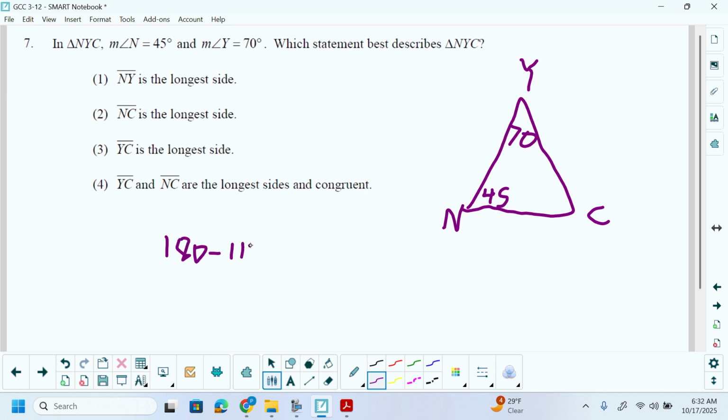If we do 180 minus 115, that's going to give us 65. So our largest side will be across from the largest angle. So therefore, NC has to be the largest side. If they'd asked for it, the medium would have been NY, and the smallest would have been YC.